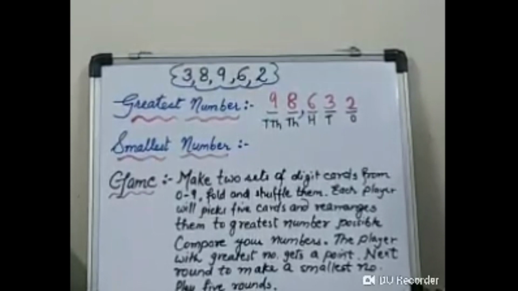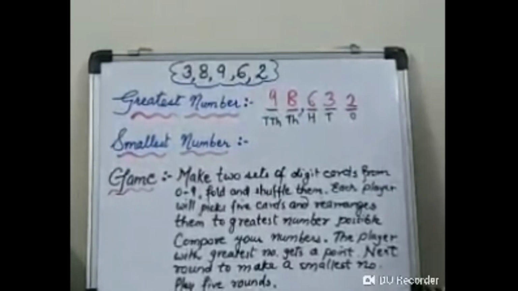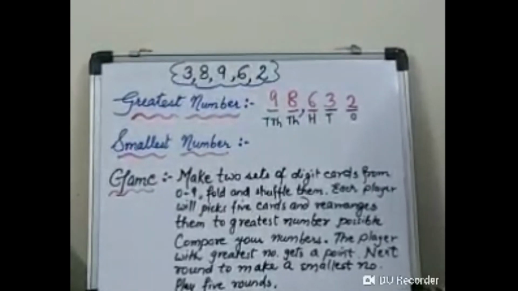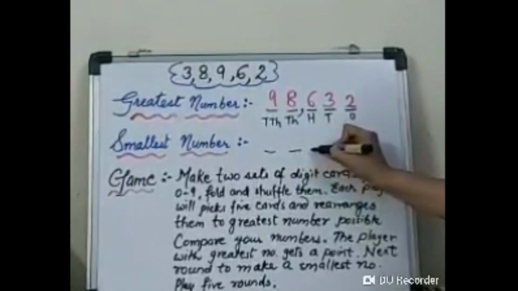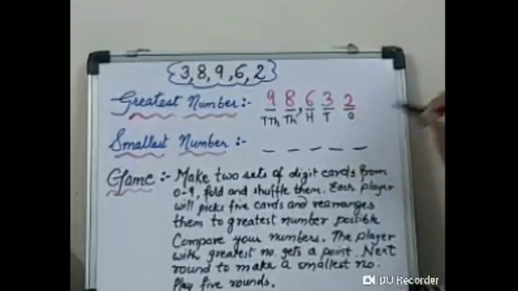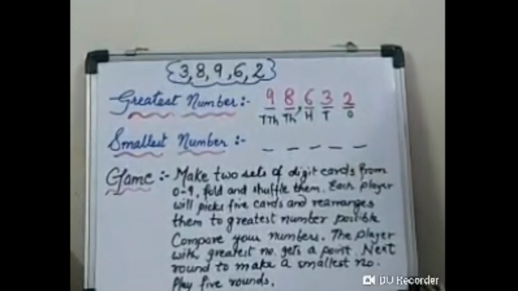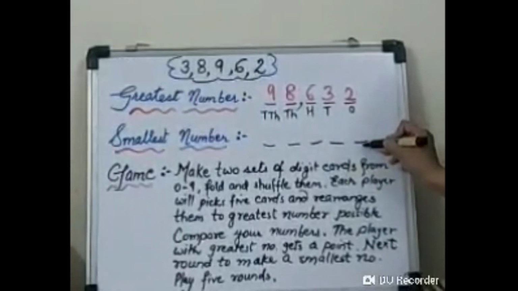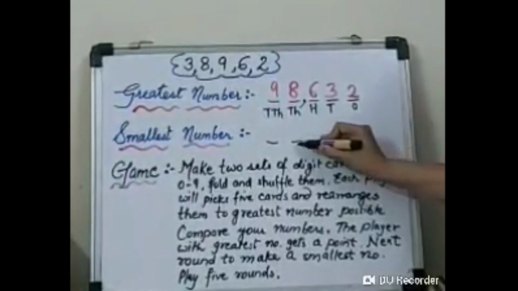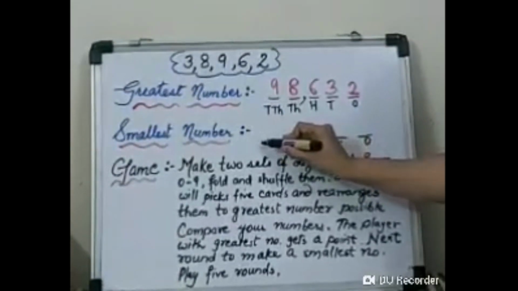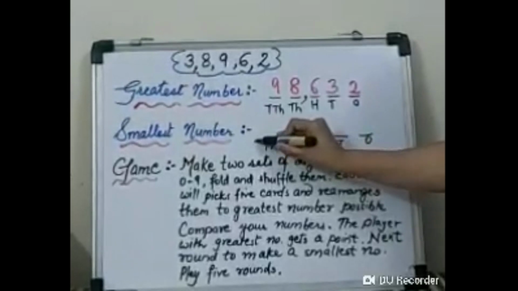But children, what if Anu wants to make the smallest number as her secret key? Again, we will draw 5 places as 5 digits are given. And let us give its place value. Ones, tens, hundreds, thousand and 10,000.